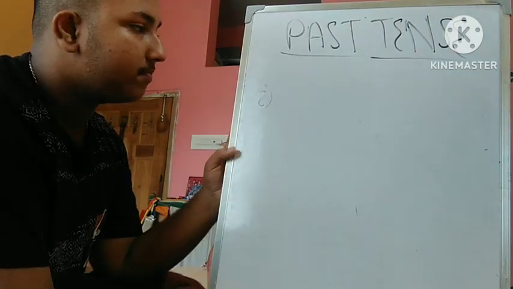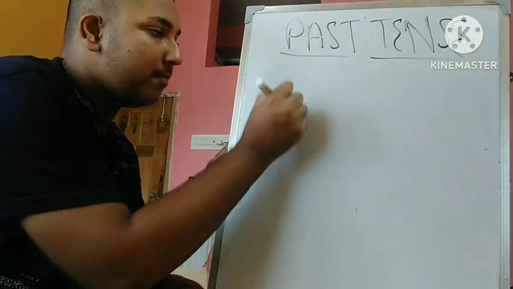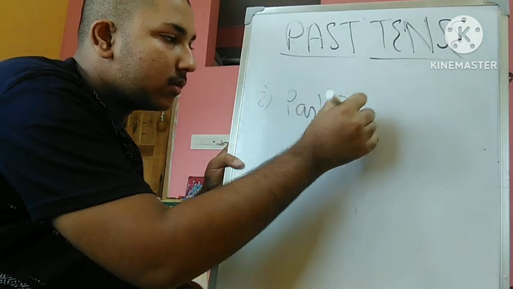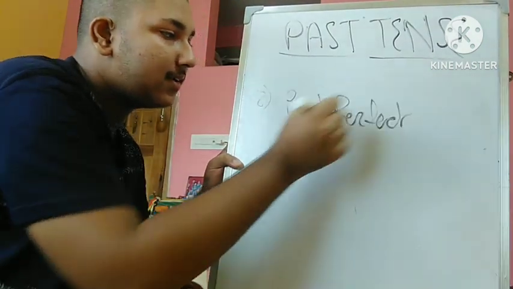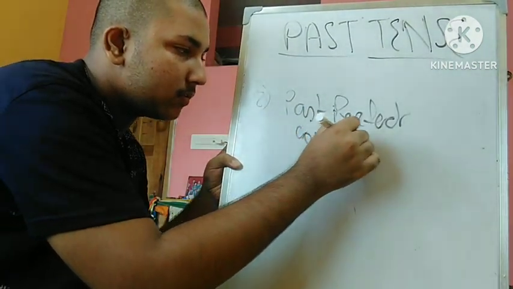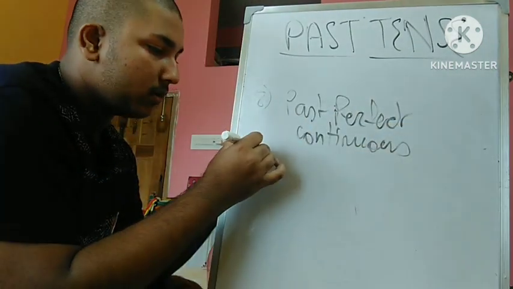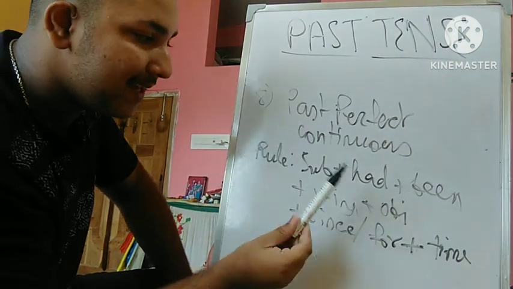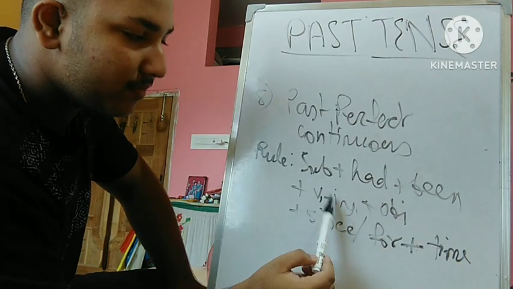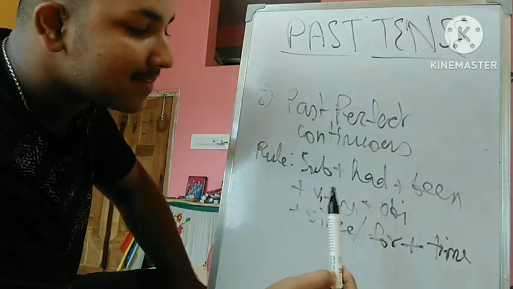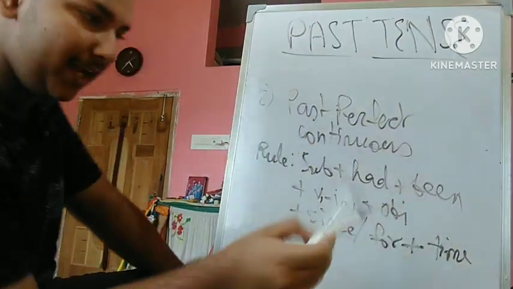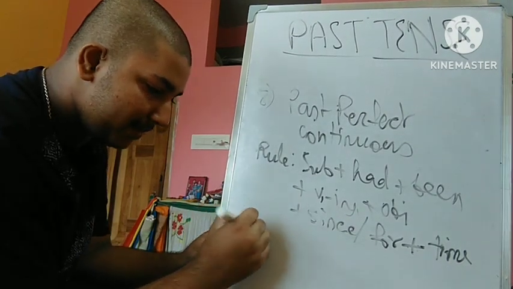Moving to next. Now I have past perfect continuous. So the rule is subject plus had plus been plus V1 ing plus object plus since or for plus time. Let us take an example.